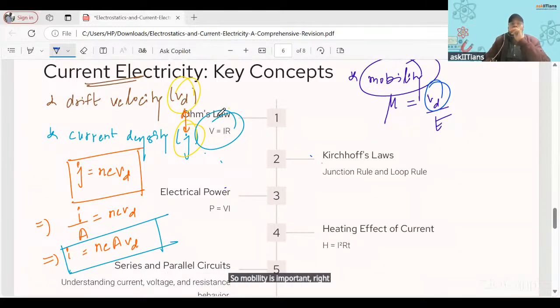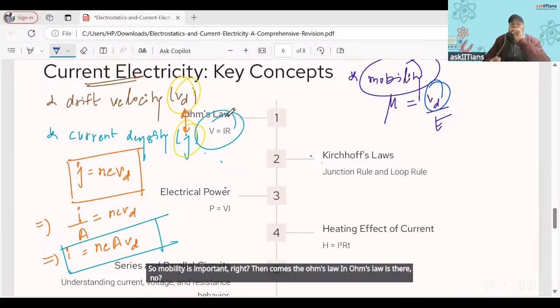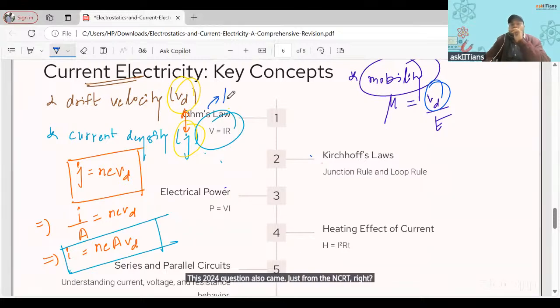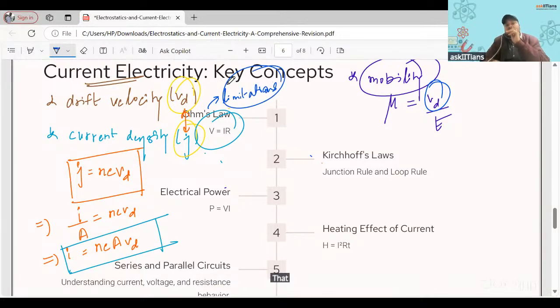Then comes Ohm's law. The exam will not ask you the definition of Ohm's law this time. The 2024 question also came just from the NCERT. In Ohm's law, it will ask you the limitations, that is, where Ohm's law is not valid.